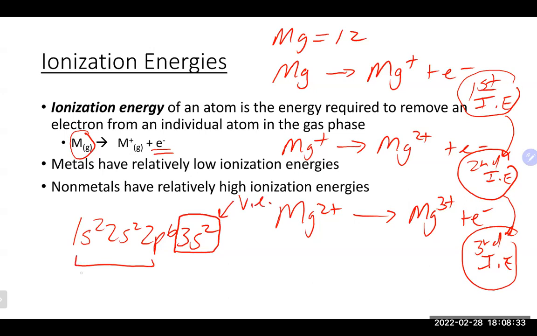These are the core electrons. So not a big deal when we pop off that first electron. We're still in the valence area. Gets a little bit harder to pop off that second electron. Now between the second and the third electron, we're moving from valence electrons to core electrons. These guys started out closer to the nucleus to begin with, and they're finding themselves even closer to the nucleus as we keep removing electrons.